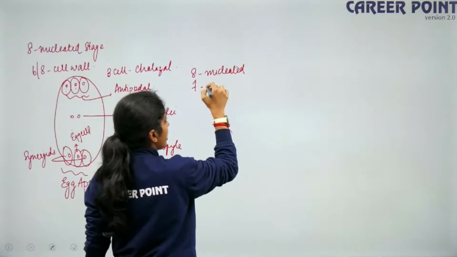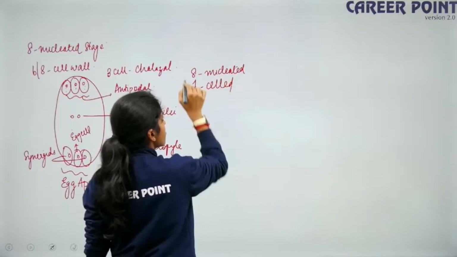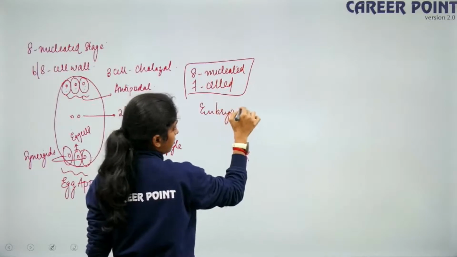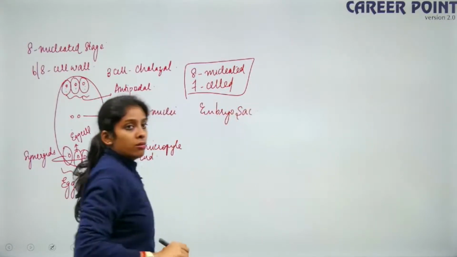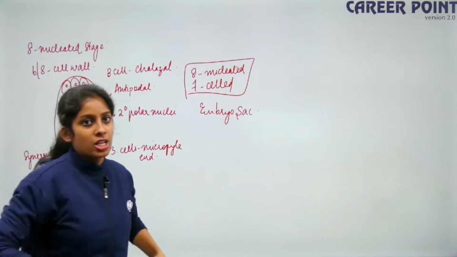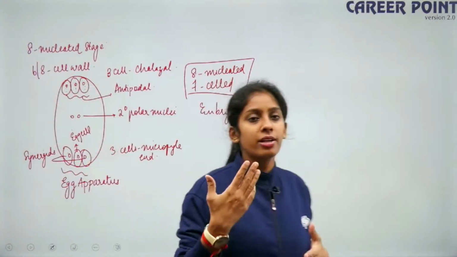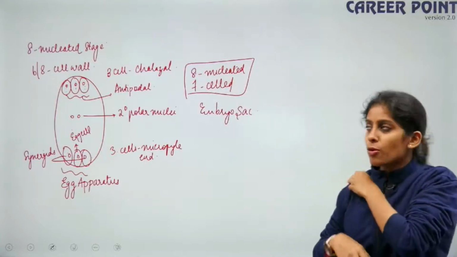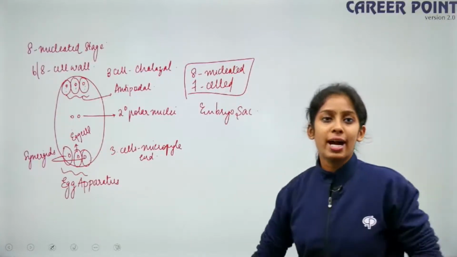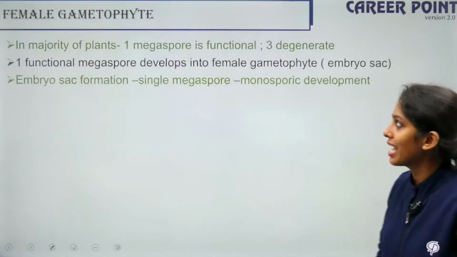So it is an 8 nucleated, 7 celled embryo sac. This is your female gametophyte, the structure of the female portion. We spoke about the structure of the pollen grain, and this is the structure of the embryo sac in detail.